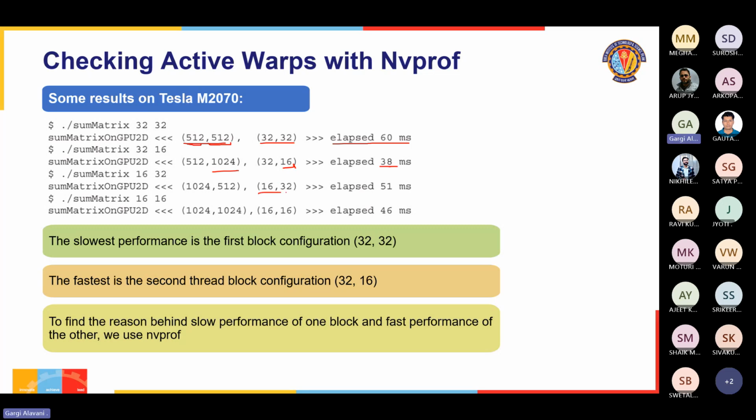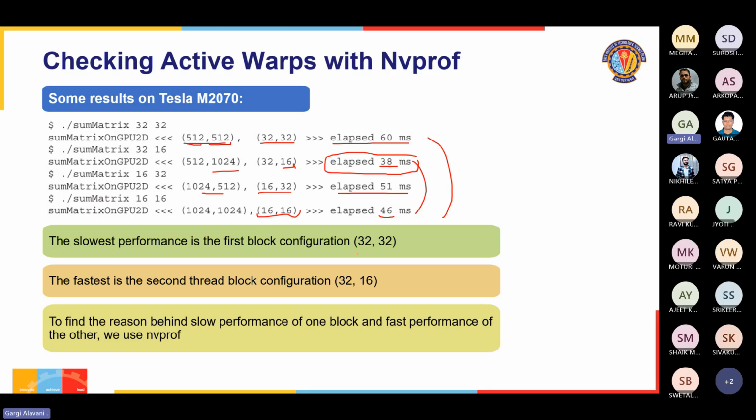If you just change the block configuration, making it the other way around, the time increased again. If you reduced the number of threads further, it did not give you a better result than this, but in this particular experiment, this seemed to be doing much better.